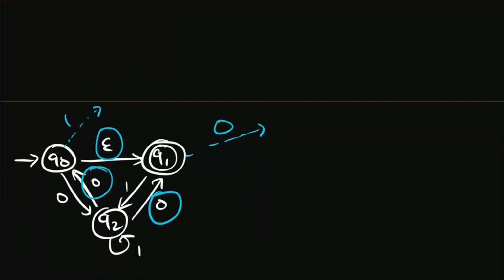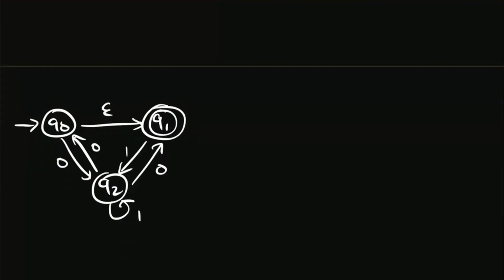I'm going to delete these unnecessary transitions to make it cleaner. Cool. So we have an NFA right here. Let's just say that we're going to look at the string 1, 0.